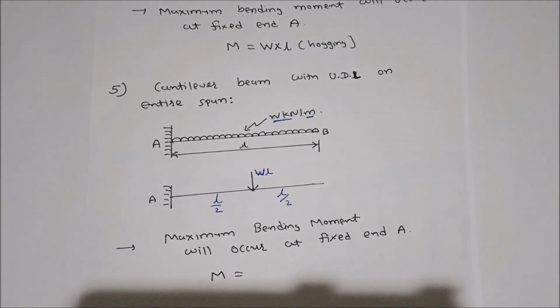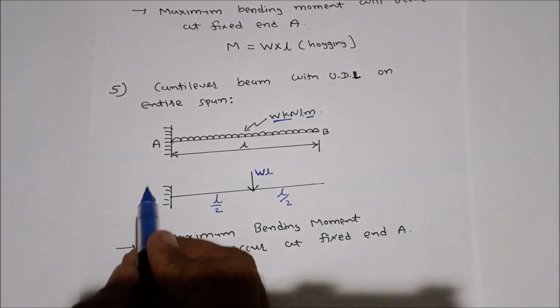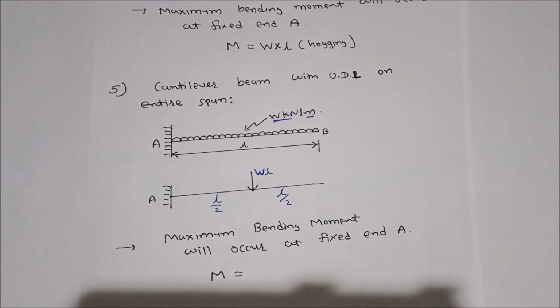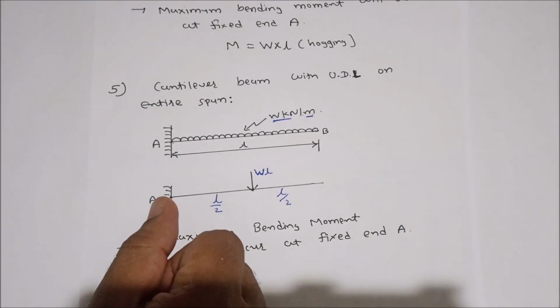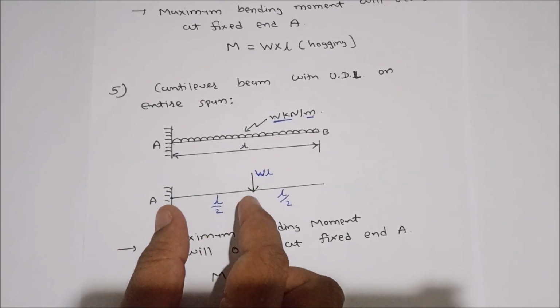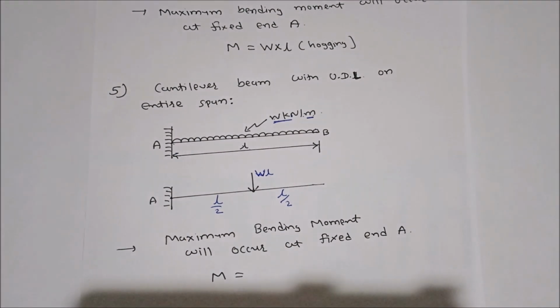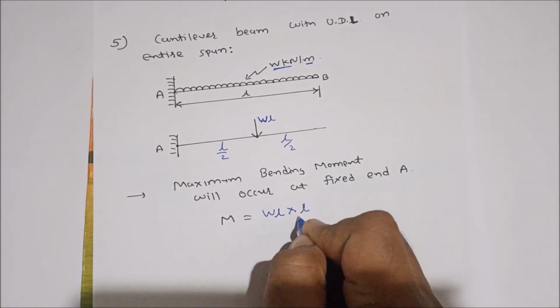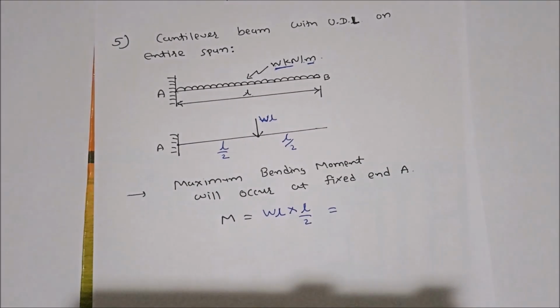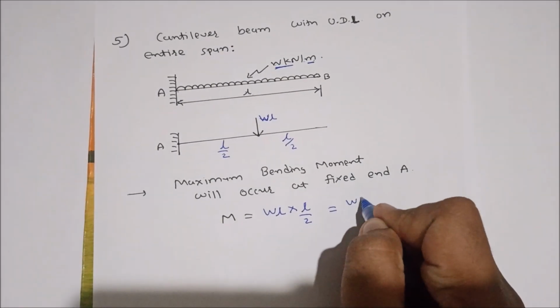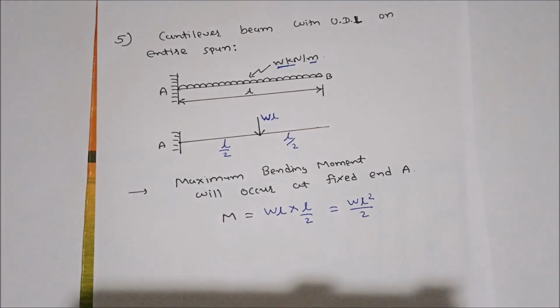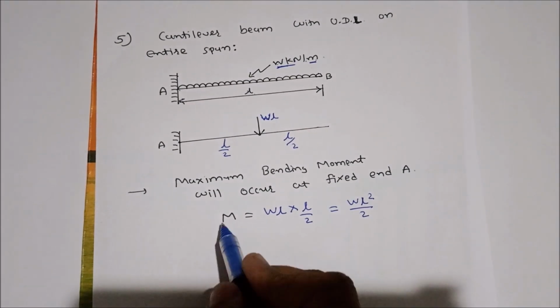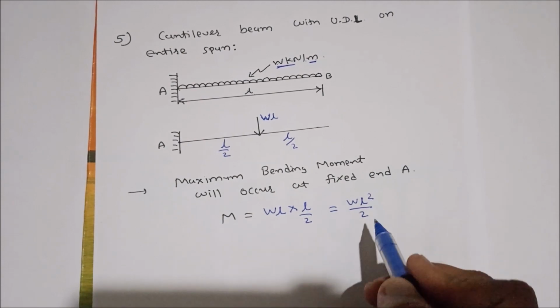So maximum bending moment will occur at the fixed end, that is at point A. So here, taking moment from point A, W into L multiplied by perpendicular distance L by 2. So maximum bending moment is WL square by 2. So for a cantilever beam with UDL on entire span, the maximum bending moment equation is WL square by 2.